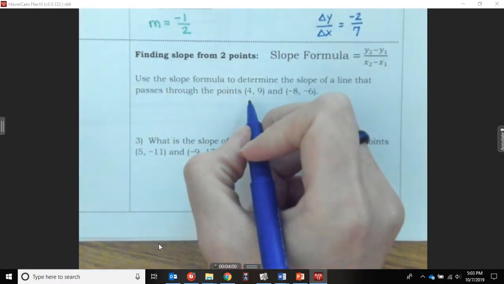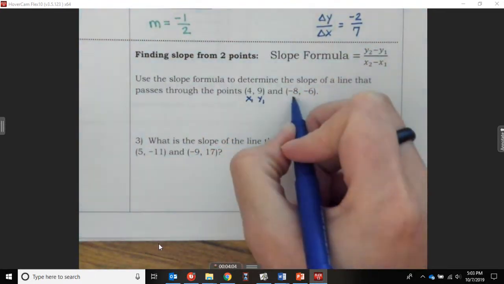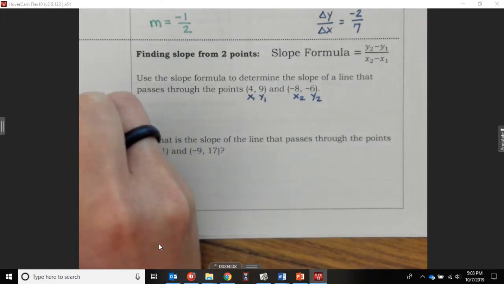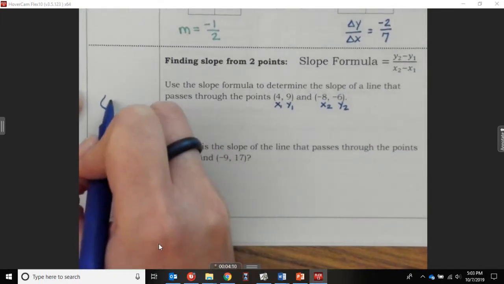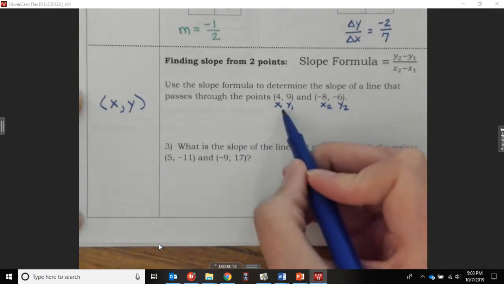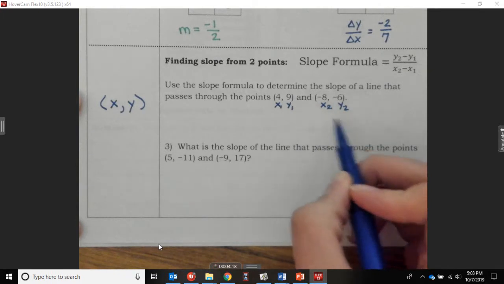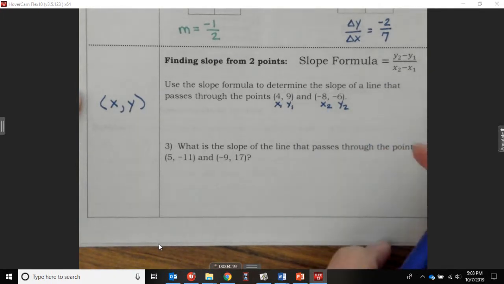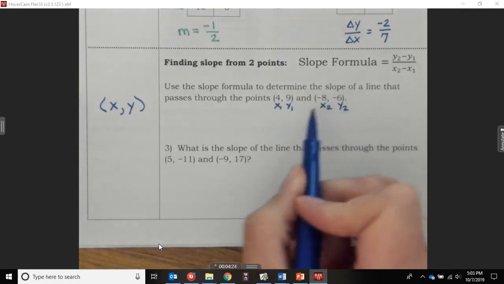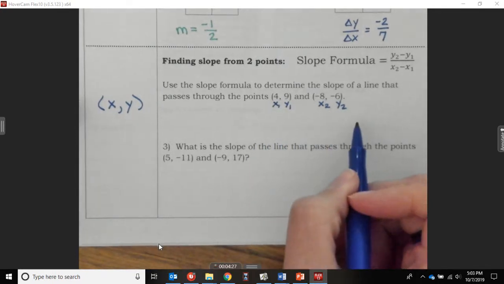The first thing you need to do is label them: x1, y1, x2, y2. Why did I label it like that? In an ordered pair, x always comes first. And so x1, y1 is just the first point, and x2, y2 is the second point. I could have labeled them the other way. The important part is that you keep the ones together and you keep the twos together.